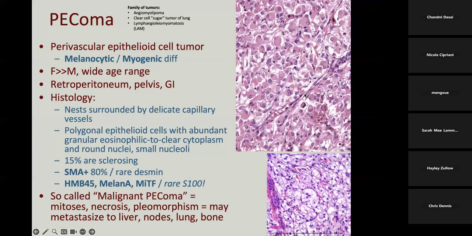PEComa, perivascular epithelioid cell tumor, has hybrid melanocytic myogenic differentiation, so HMB45 and SMA, but again, rarely with S100. Usually this is seen in the GYN tract. We don't see these very often in the soft tissue, but this is part of this family, right, of tumors that have combined melanocytic myogenic differentiation.